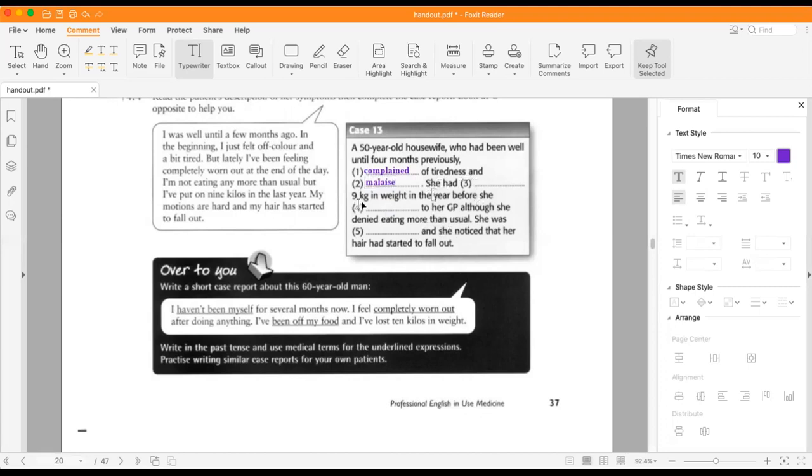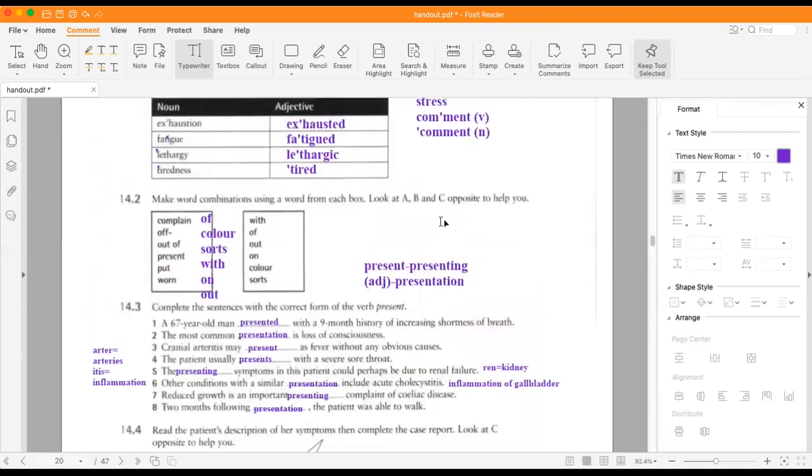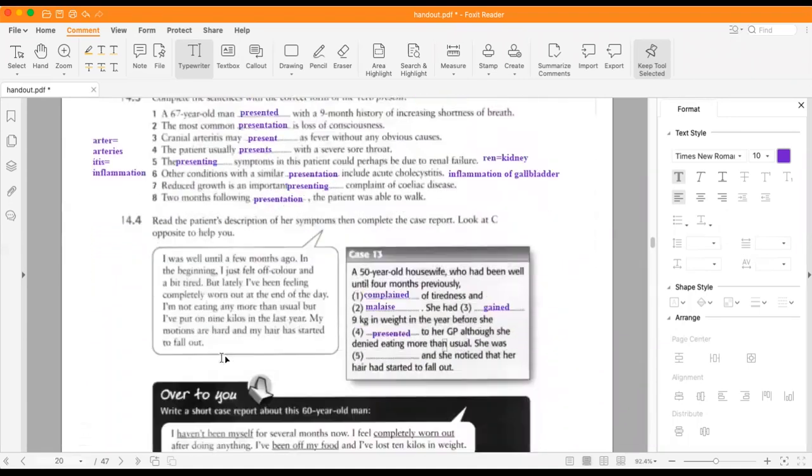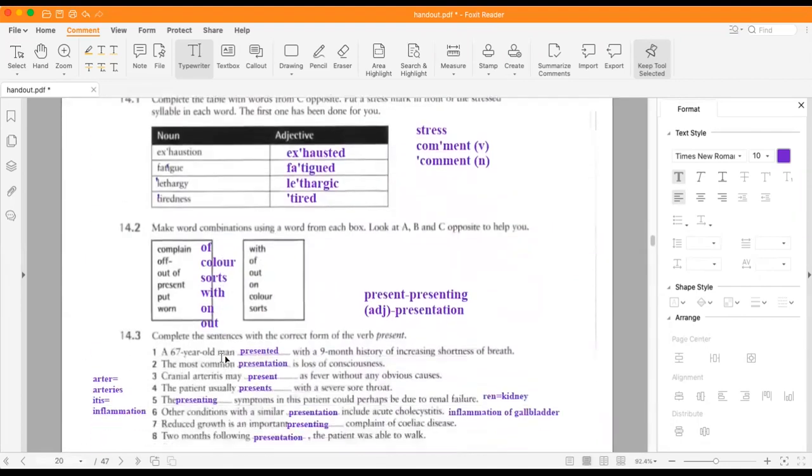She had what 9 kilos. So she had gained 9 kilos in weight in the year before she went to her general practitioner. In the year before she presented to, we say presented to, or presented with.